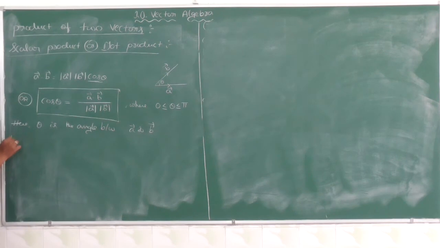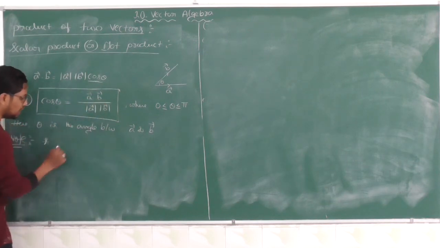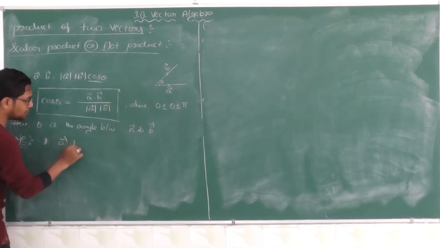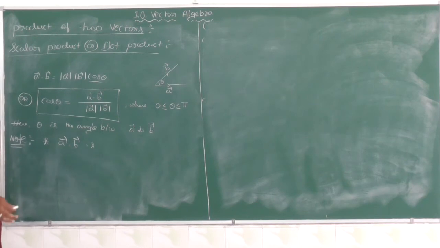First note point. A dot B is a scalar quantity or a real number.